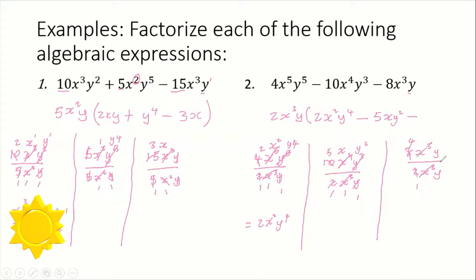And y into y will give us 1. So what we're left with is just 4. So we'll put the 4 here and close our bracket, and that's how you factorize these two terms, right? Now let's look at another set of examples.